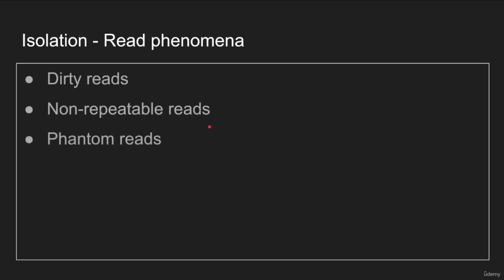Phantom reads. Phantom reads are things that you cannot really read because they don't exist yet. I'm going to give you an example with range queries. Let's say, select all the activities between this date and this date. When you do this range query, you get certain values. But then let's say someone inserted a new row. It's a completely new row. It's not really a non-repeatable read. You didn't even read it.